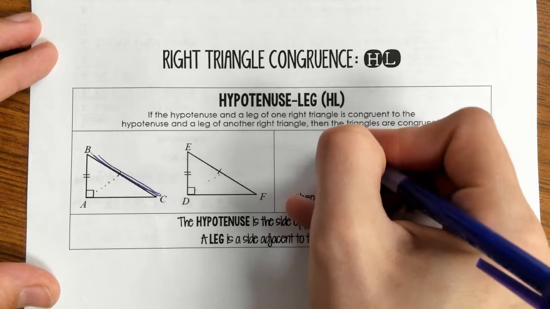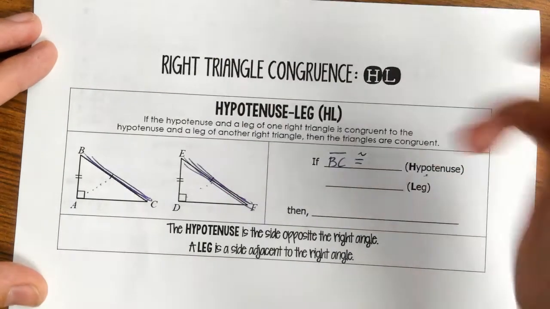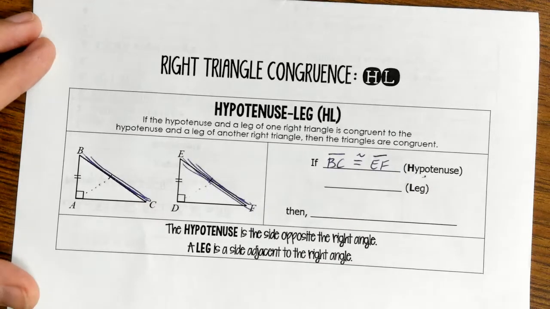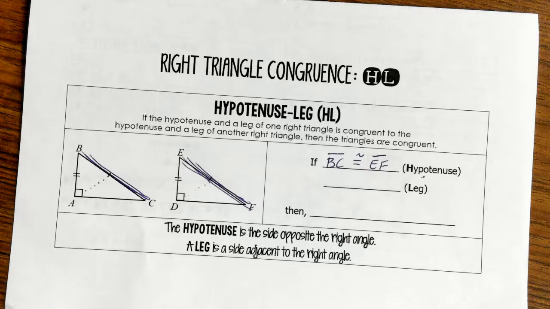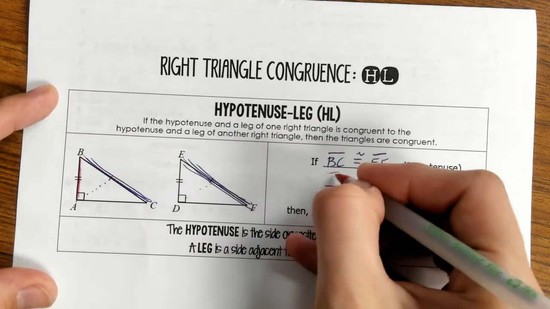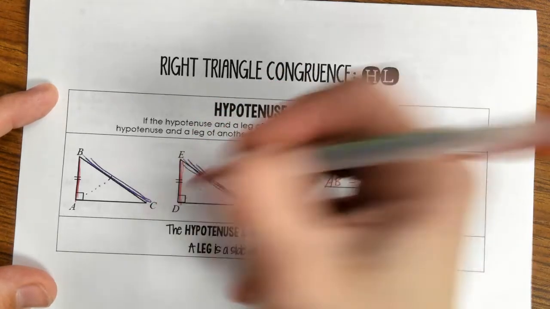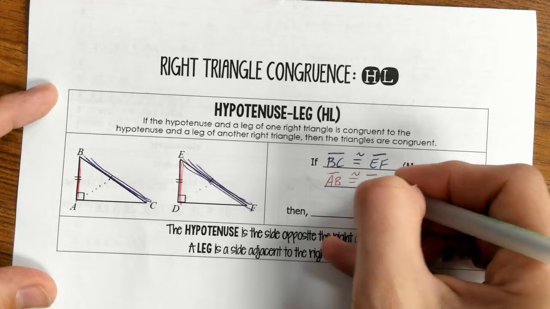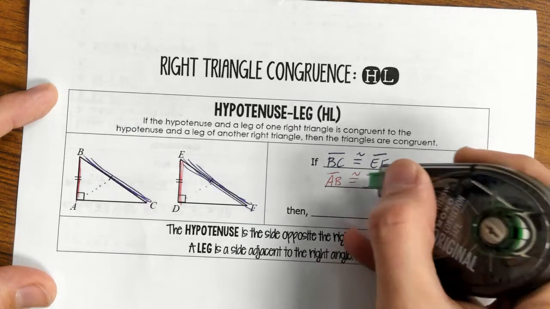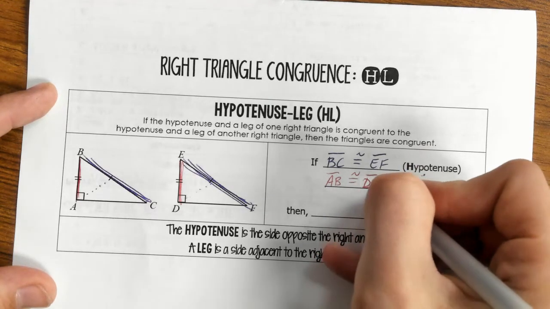Segment BC will be congruent to the other hypotenuse, segment EF. And then you need one leg. They have marked this leg, segment AB. That one is congruent to the corresponding leg, segment DE. We need to follow the order of the letters. A goes with D, and B goes with E.